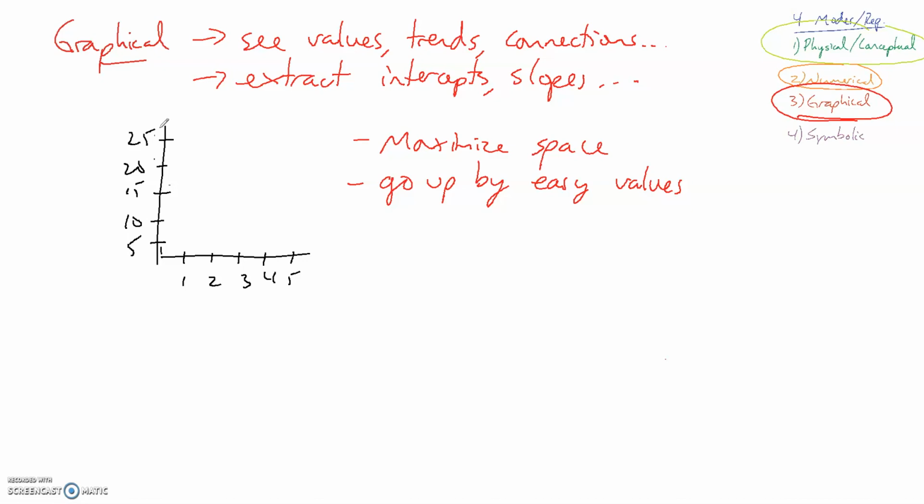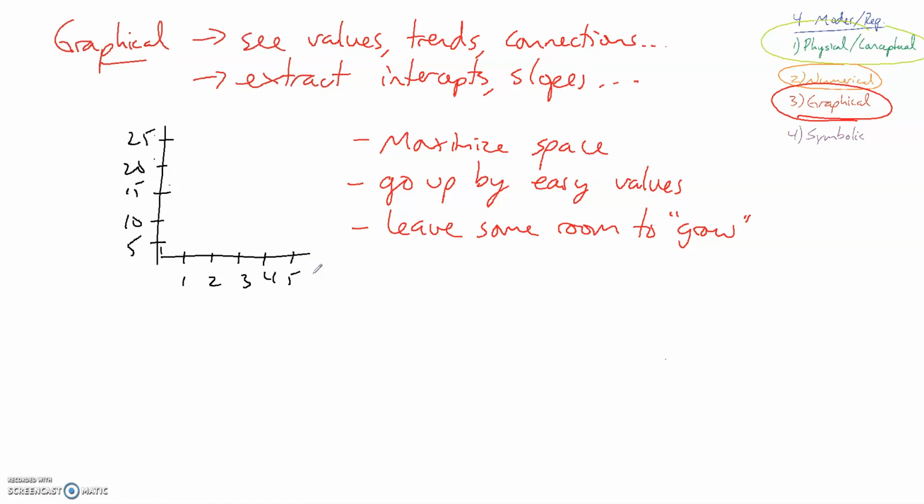Okay, so try and maximize your space, go up by easy values, that type of thing, but also leave some room. Leave a little bit of room to, for lack of a better word, get a little room to grow. So if your top value was actually 5, I might go to 6 in case I want to extrapolate or predict a little bit further.